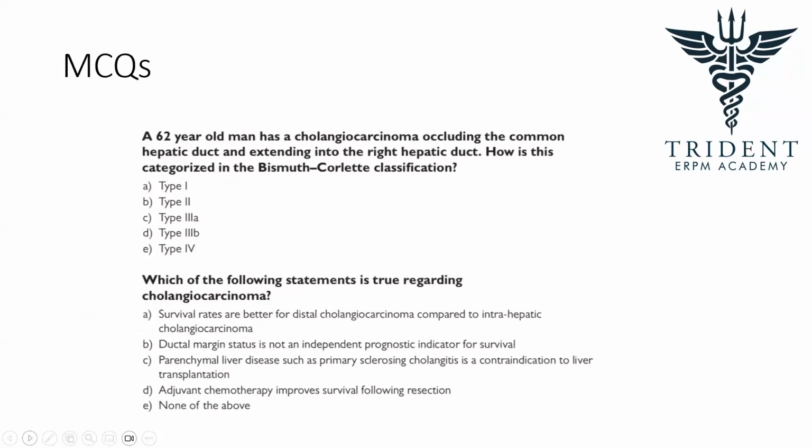The next question. A 62-year-old man has a cholangiocarcinoma occluding the common hepatic duct and extending into the right hepatic duct. How is this categorized in the Bismuth classification?